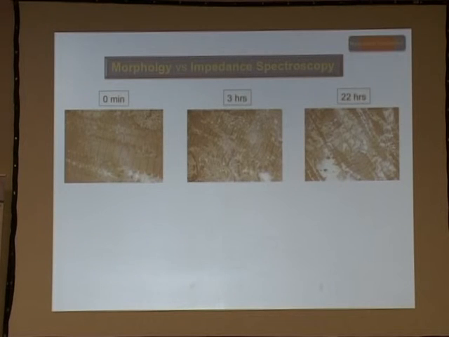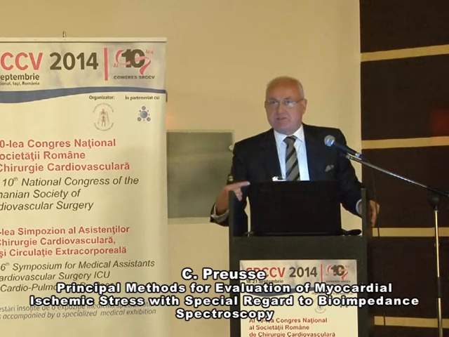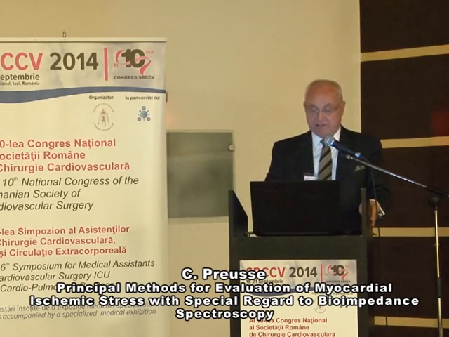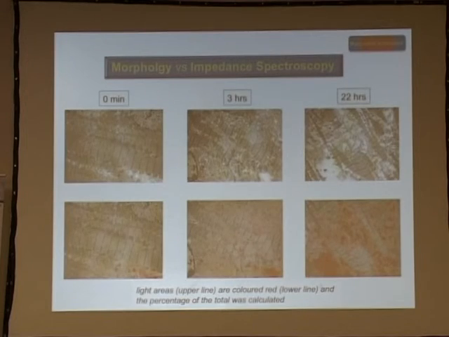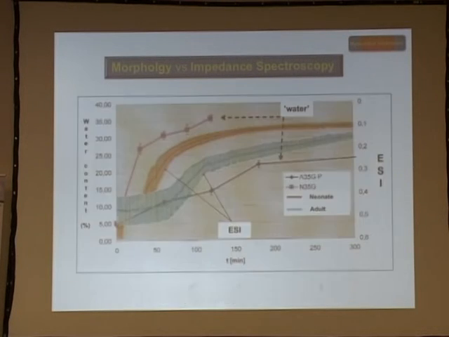And what have we done? We have simply colored these areas. Here you see the light areas colored red, and then we calculated the percentage of these areas. And when we calculate this and compare it with the extracellular space index, the following happens. The data shown before are represented by this curve.